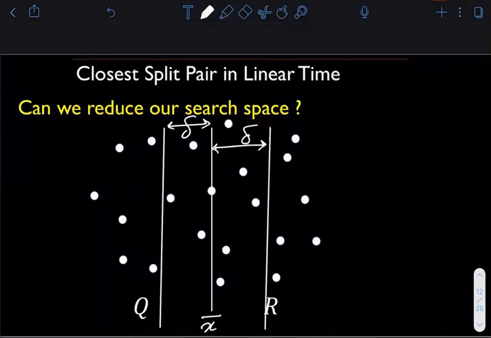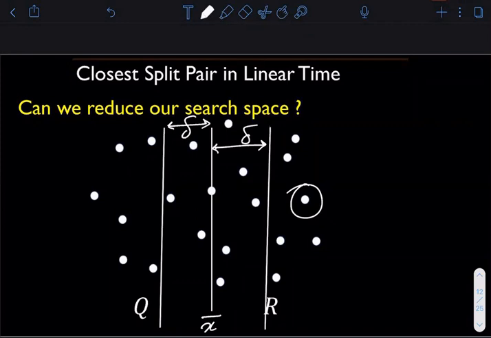Why is that? Here again, we will be using this crucial observation that we are making. When do we really care about finding the split pair correctly? We only care about finding the split pair correctly when the distance between them is actually less than delta. But now I claim that if even one point of the split pair belongs outside this strip, let's say it's this point, then the distance between the closest split pair cannot be less than delta.